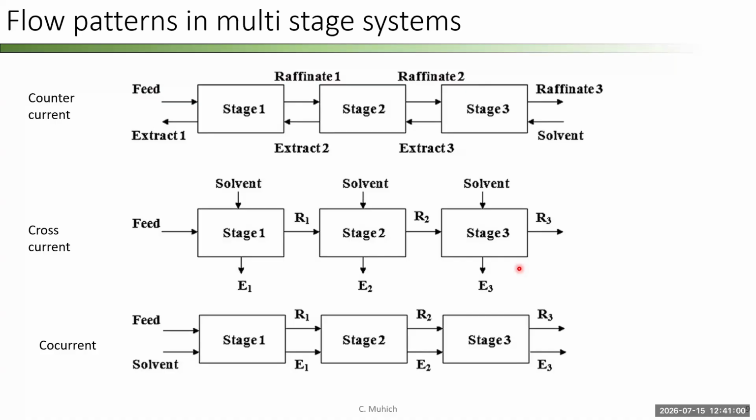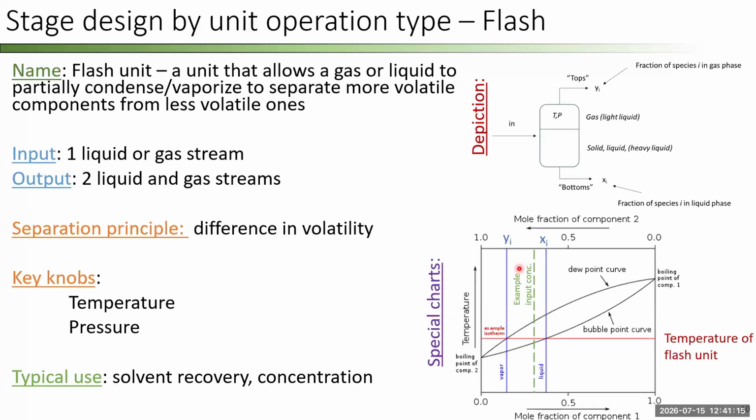Now that we've talked about individual stages, combined stages, multi-stage systems, and different flow patterns, I want to talk about what the actual stages look like and how they operate. The first and simplest type that I want to talk about is called a flash unit. Over the course of the next few slides, we're going to be using this format.